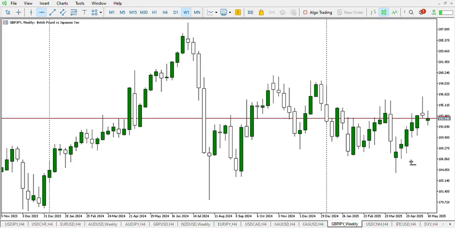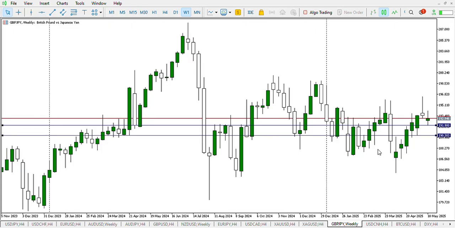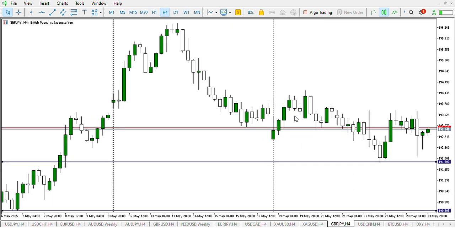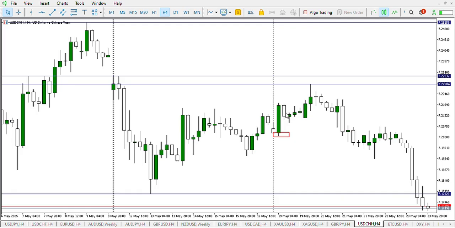you can see right here on GJ you have a support here, you have another support right here in this zone. So from 190.303 it moved to 191.900 in 2 weeks, maintaining this support, and this support is still holding. So you can see that the buyers of the Great Britain pound are strong.